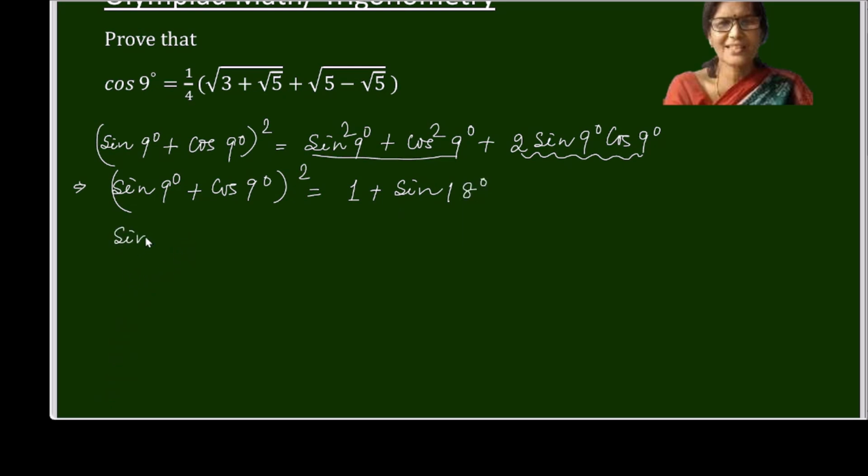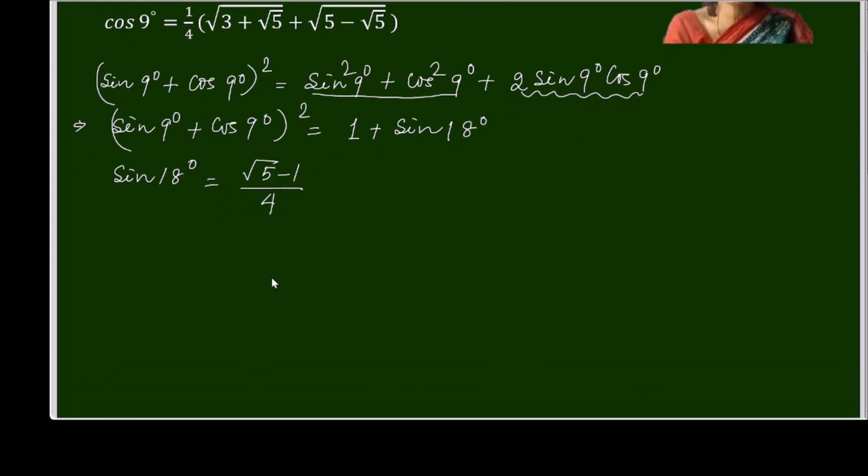Sine 18 degree equals under root 5 minus 1 over 4. I have uploaded a separate video today to prove this, so that we can use it in this particular question. The link is given, you can go for it. So now coming to the above line, I'll write (sine 9 degree plus cos 9 degree) whole square equals 1 plus (square root 5 minus 1) over 4.